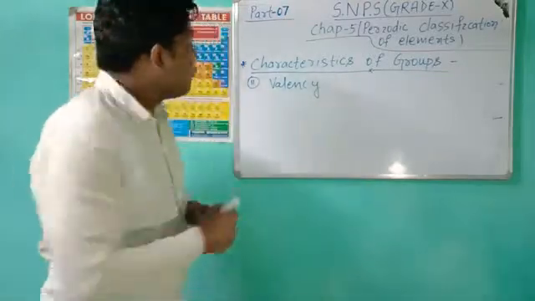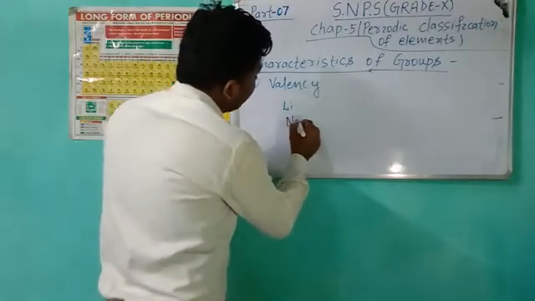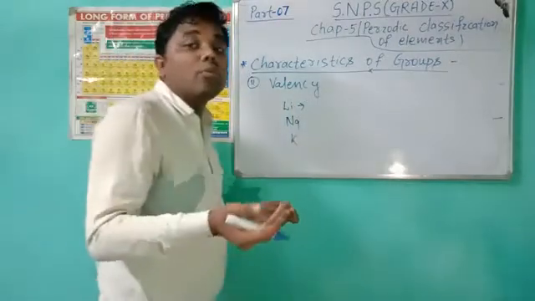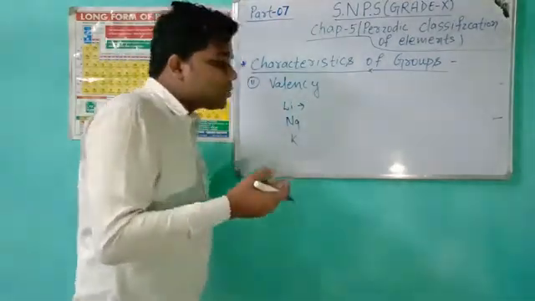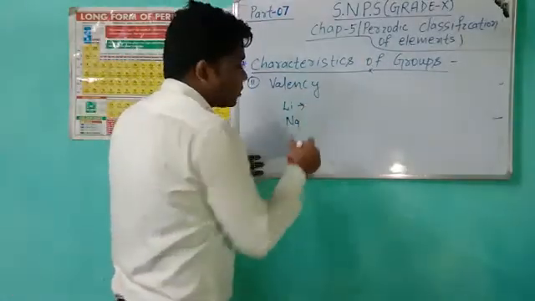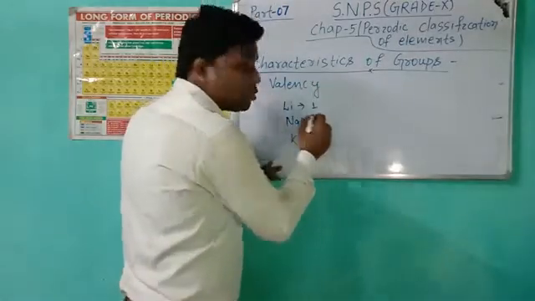If we talk about lithium, sodium and potassium, they simply lose 1 electron, because they are very reactive in nature. So lithium has a valency of 1, sodium also has a valency of 1, and potassium has a valency of 1.